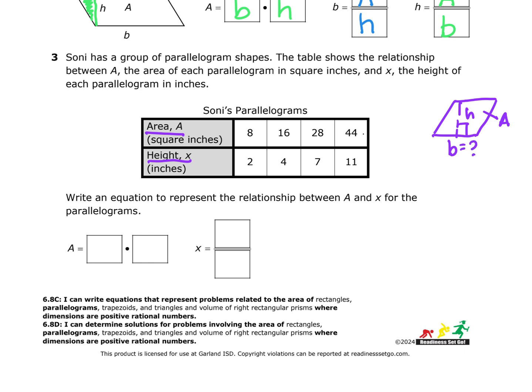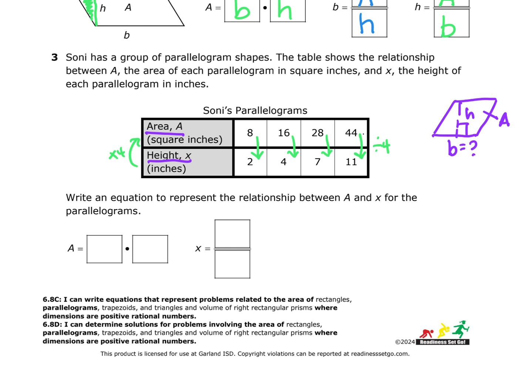So I'm trying to figure out what my base is, and we're going to look for that relationship again. How do I go from 8 to 2, 16 to 4, 28 to 7, 44 to 11? I'm dividing by 4. Or if you go from 11 to 44, 7 to 28, 4 to 16, you're multiplying by 4. It can go either way, times 4 or dividing by 4.